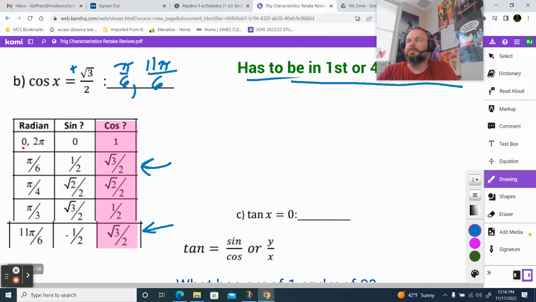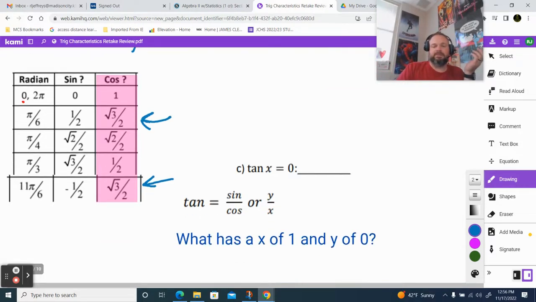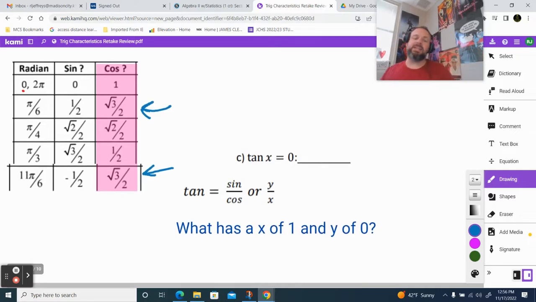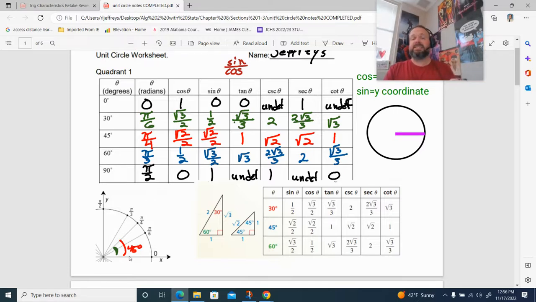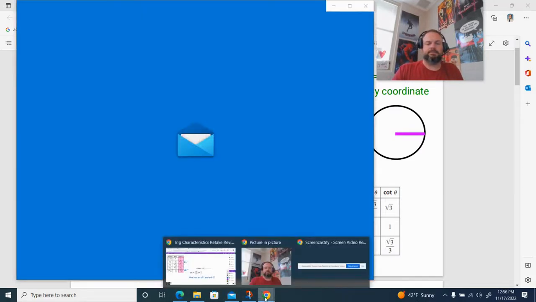Okay. Now, some people are still writing this down. I don't know why. All right. Tangent of something is 0. Believe it or not, on the notes that look like this, we did all 3 of these, and it even says the tangent is zero.